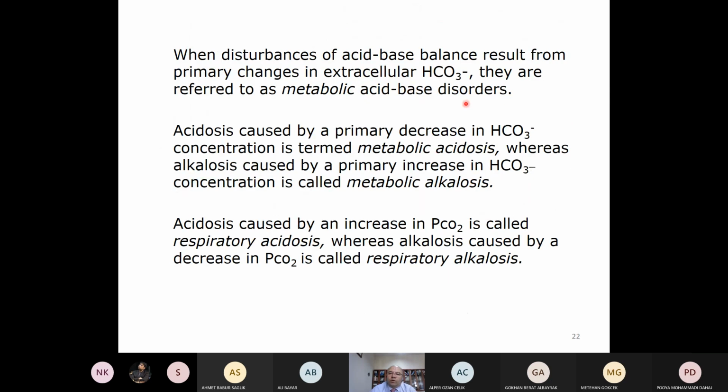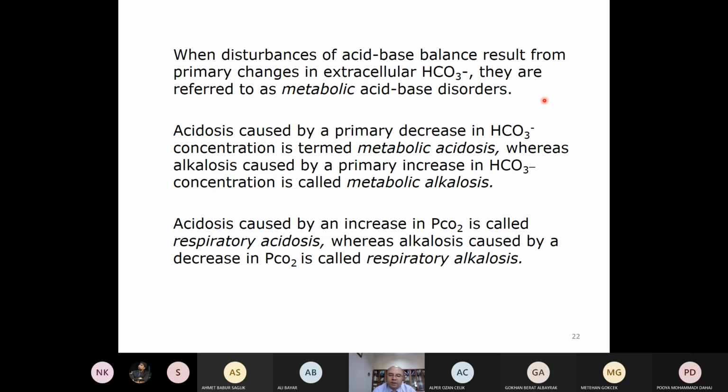When disturbances of acid-base balance result from primary changes in extracellular bicarbonate, they are referred to as metabolic acid-base disorders. Acidosis caused by a primary decrease in bicarbonate concentration is termed metabolic acidosis, whereas alkalosis caused by a primary increase in bicarbonate concentration is called metabolic alkalosis.